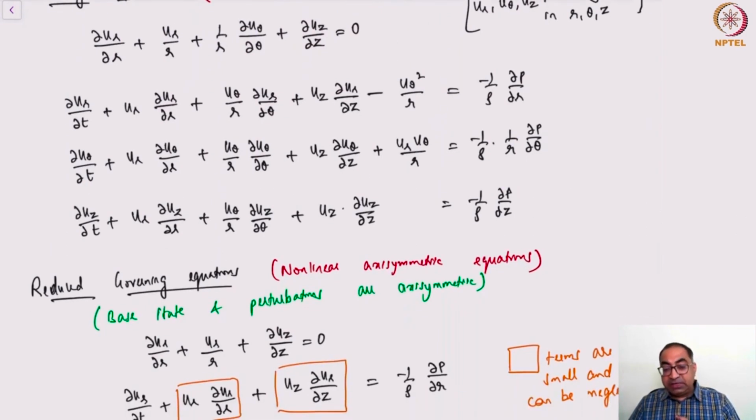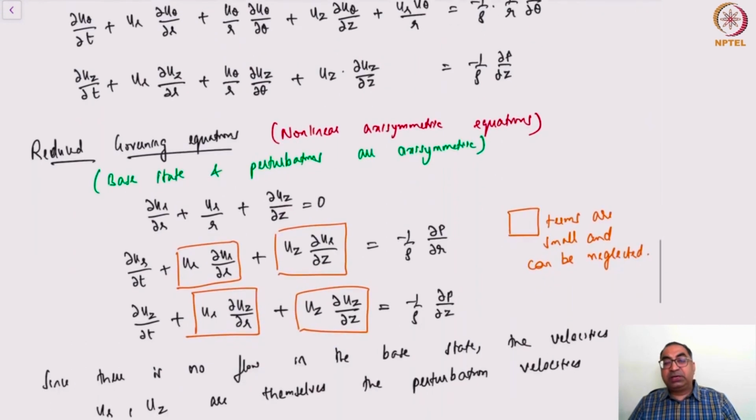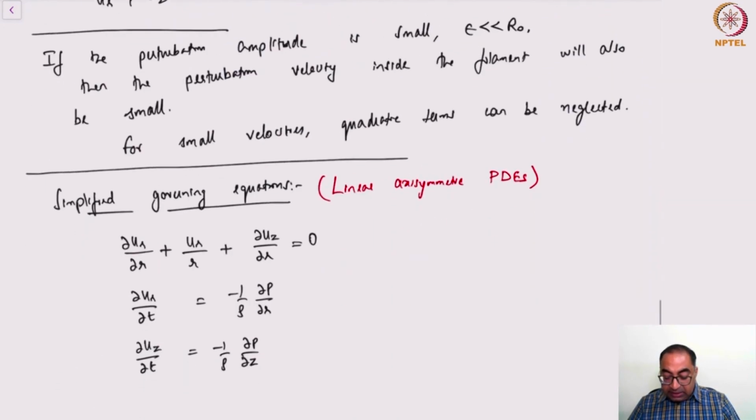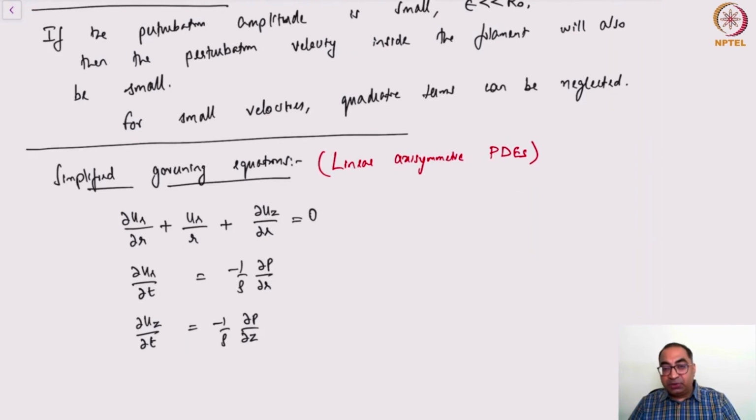I also said gravity is not important, therefore I have no body force terms here. Then we reduce them into a system of non-linear axisymmetric equations. And if perturbations are small, their product would be even smaller and can be ignored. So what we now get is a linearized system of equations, a linear axisymmetric set of partial differential equations.